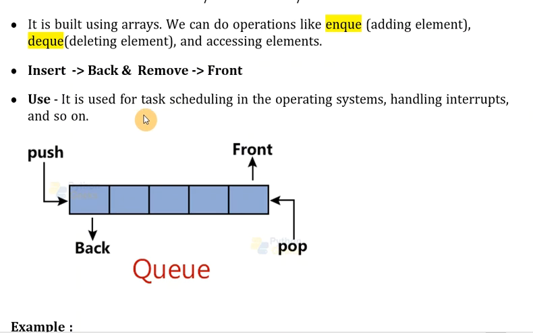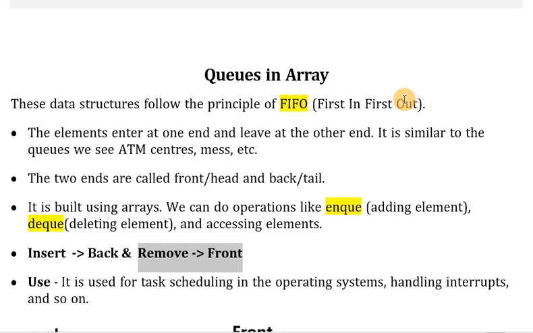Let's suppose you have scheduled one task at 9 p.m., another task at 10 p.m., and another at 11 p.m. Definitely the task which is scheduled first is going to be executed first. That is why it is used in scheduling. This is the main approach this structure follows, first in first out.